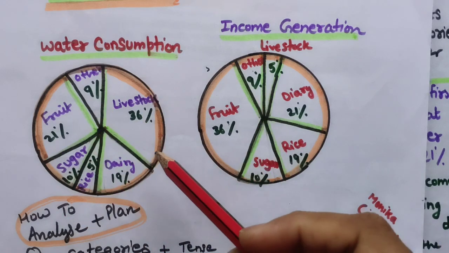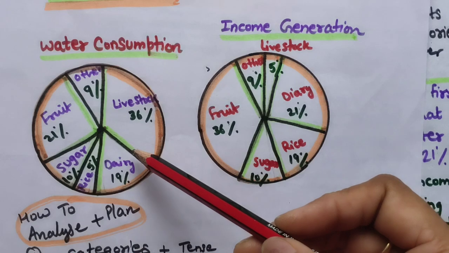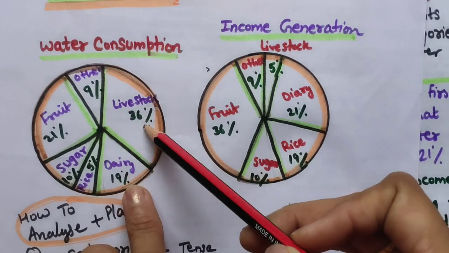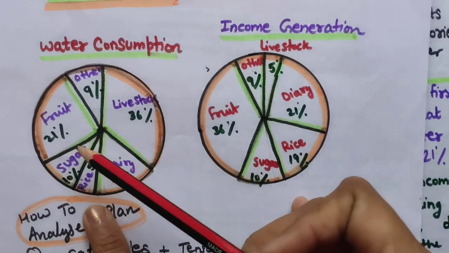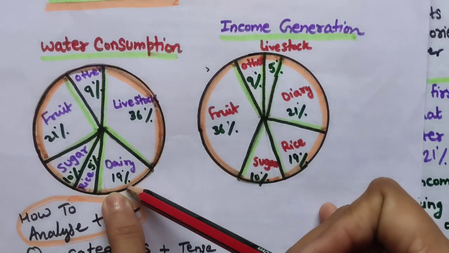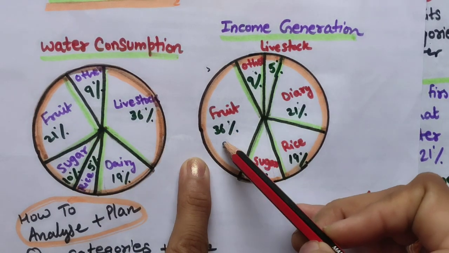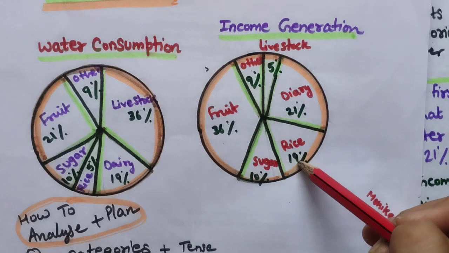Now let's look at the highest and the least, the maximum segment of this pie chart. The maximum I can see here is livestock at 36%, the second one is 21%, and the third I can see is 19%. So for the first chart, 36% is fruit, 21% is dairy and 19% is rice.